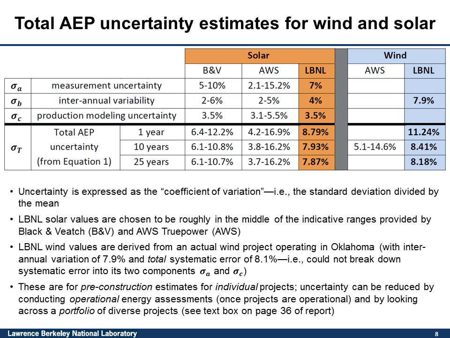And again, those values from that actual project fall within a range provided by AWS. The bottom few rows of the table show the resulting total uncertainty estimates derived from equation 1 over 3 different time horizons: 1 year, 10 years, and 25 years. Not surprisingly, total uncertainty diminishes over longer time horizons, and you can also see that wind's uncertainty is a little larger than solar's.